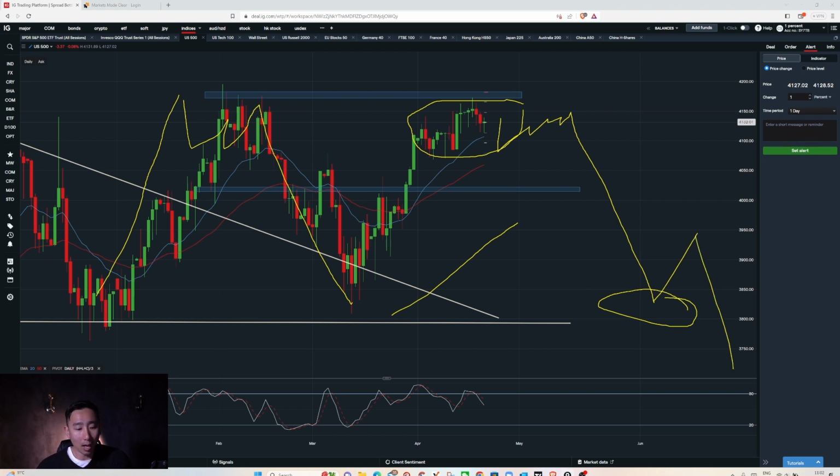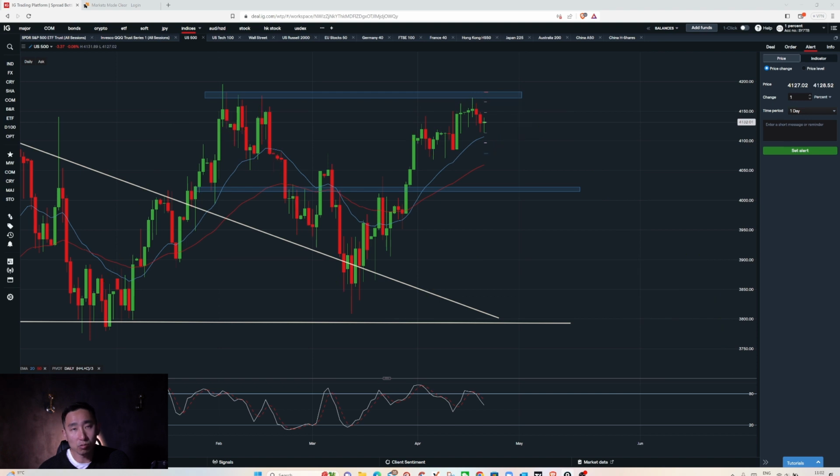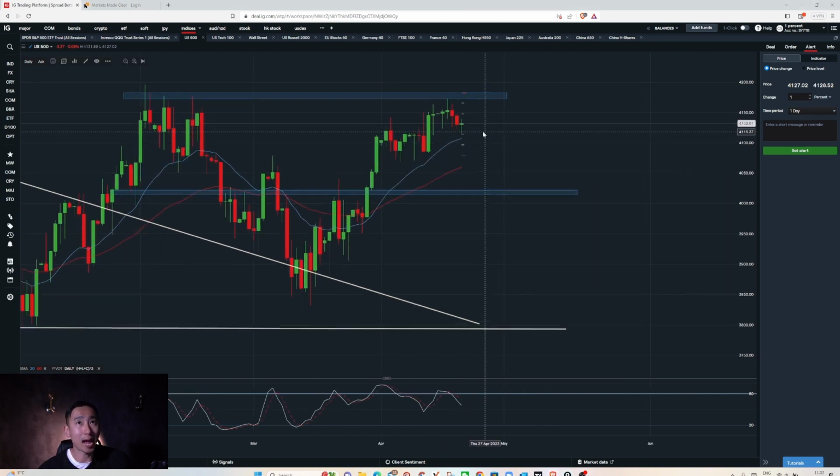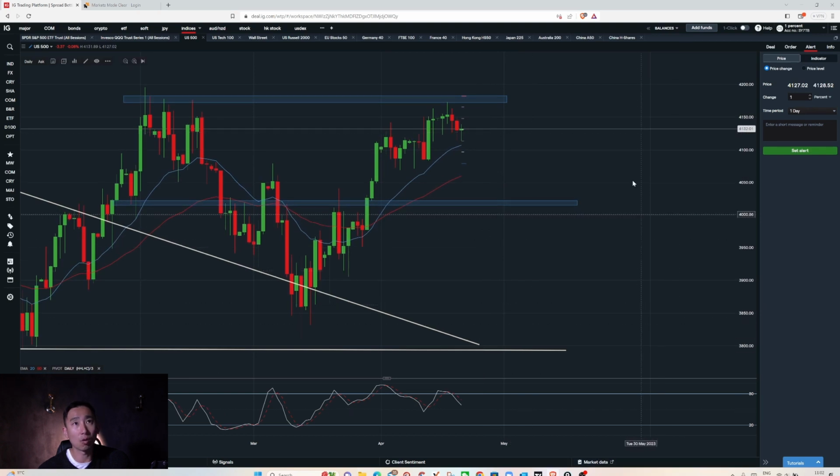So I do have a bearish tone on the market at the moment, but right now, current price action is not nice to trade. My plan is either to look for rejection around this 4,170 area to short. So watch out on this area to short.